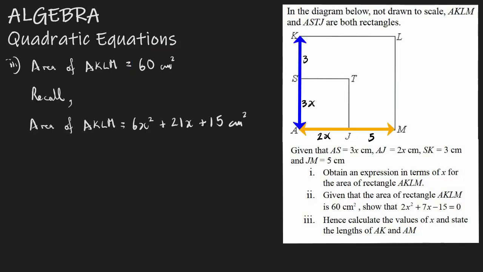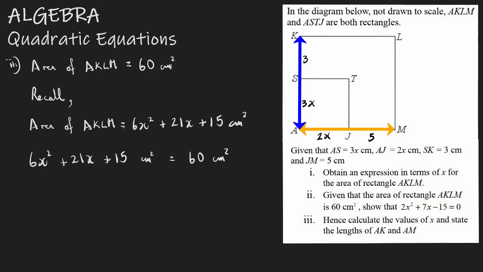Recall, area of rectangle AKLM is equal to 6x squared plus 21x plus 15 cm squared. We can therefore conclude the quadratic expression 6x squared plus 21x plus 15 cm squared is equal to 60 cm squared.